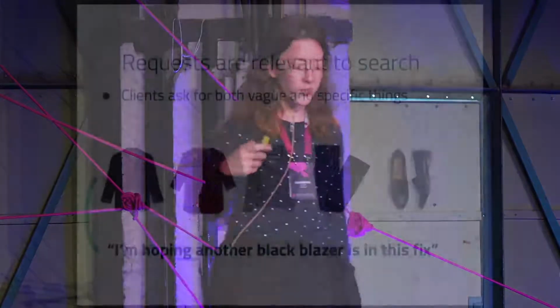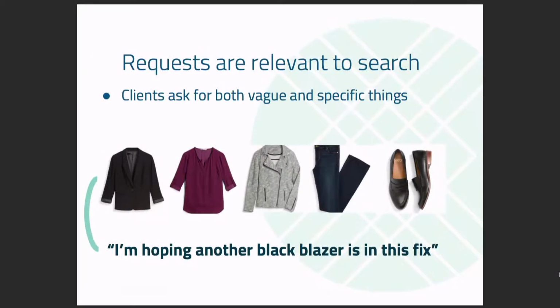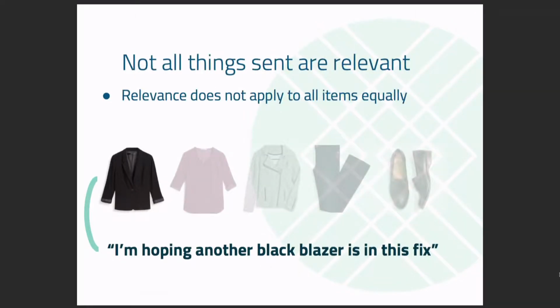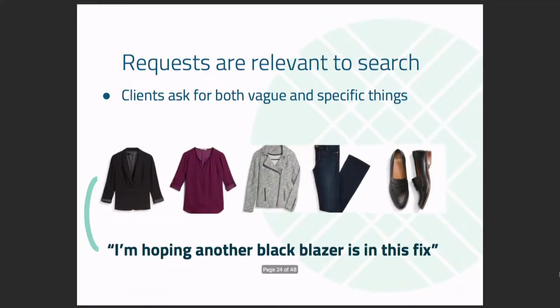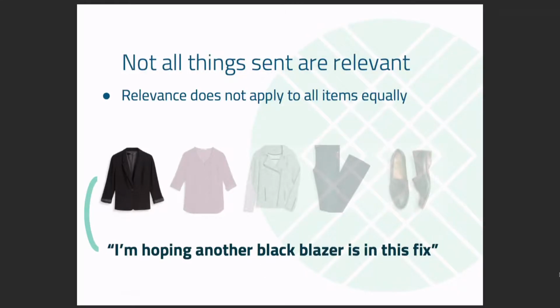Even though they're relevant for search, in this case, this client has said, I'm hoping for another black blazer in this fix, and only one of these items is actually the same as what the client asked for. You'll see that there's a gray jacket, some jeans, some penny loafers, and a purple top. But none of those items were actually asked for. The client only said that she's looking for a black blazer.